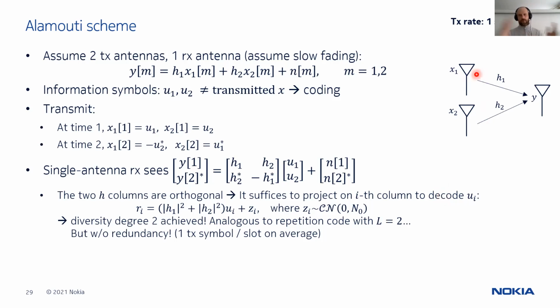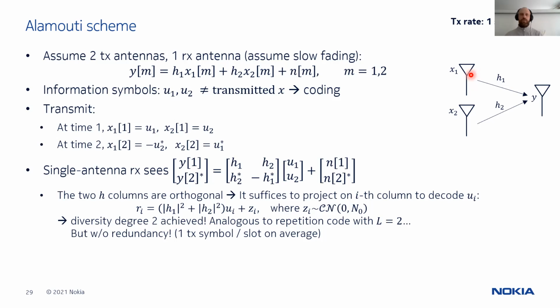The Alamouti scheme works with any number of antennas, but let's start, and finish also, with the simplest case, with 2 transmit antennas and 1 receive antenna. Whatever we just said was with 1 transmit antenna. If you have 2 transmit antennas at the transmitter, you can transmit different things on different antennas.